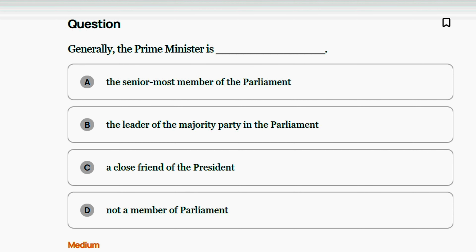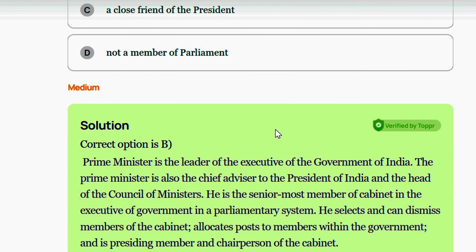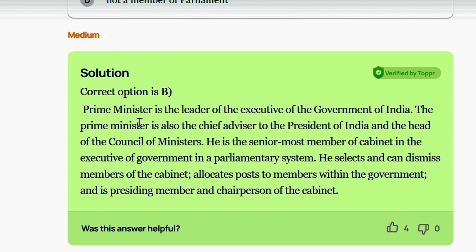Next, generally the Prime Minister is the leader of the majority party in the parliament. This is the correct answer. The Prime Minister is the leader of the executive of the government of India.